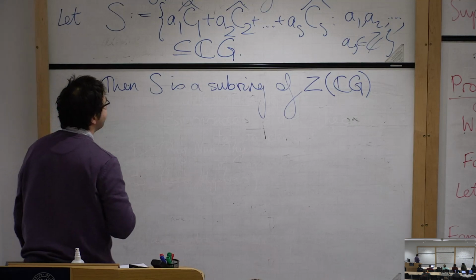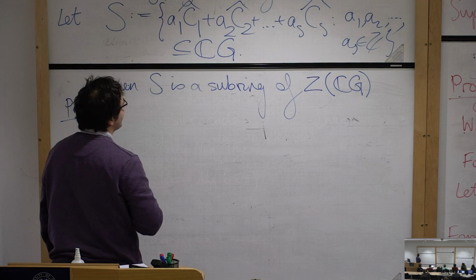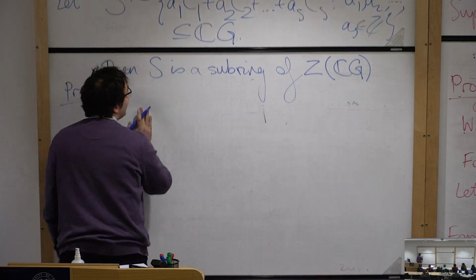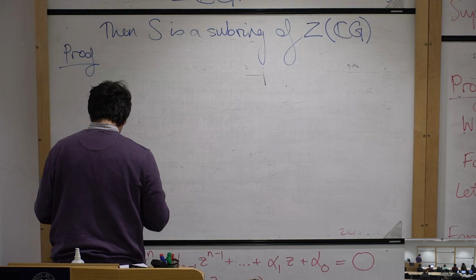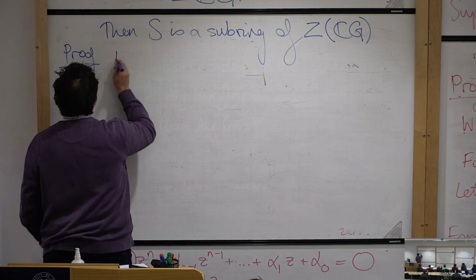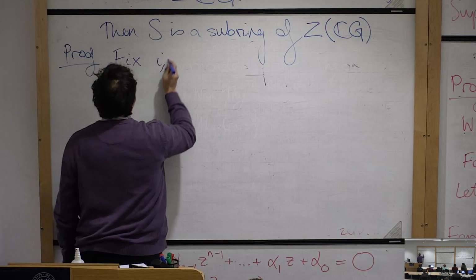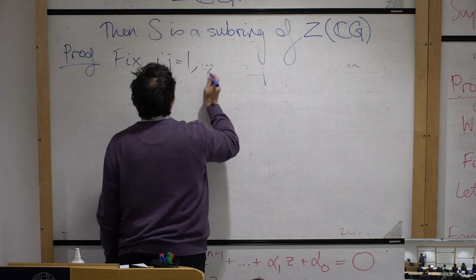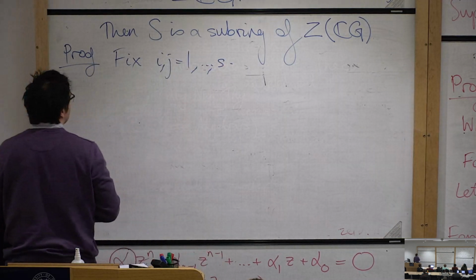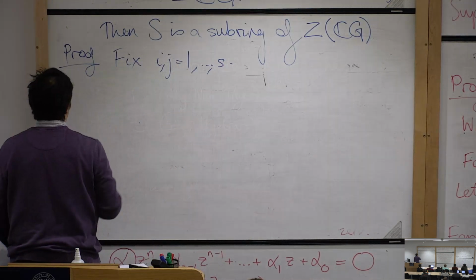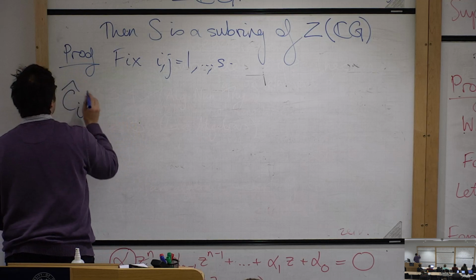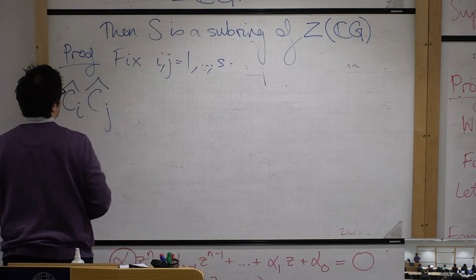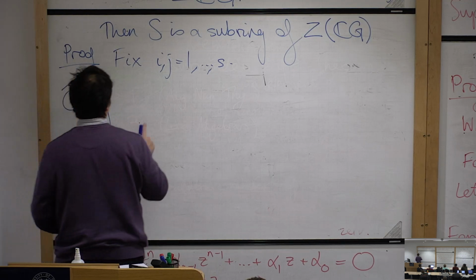We just do it. Just compute how conjugacy class sums multiply. So you fix indices i and j and consider the product of two class sums.